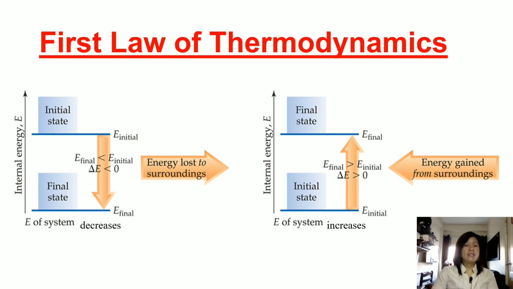And then in the final state, there is a decrease in the internal energy. You will notice here the change in internal energy. Delta means change. Change in internal energy is less than 0, so you expect this to be negative. Less than 0 means negative value of energy.